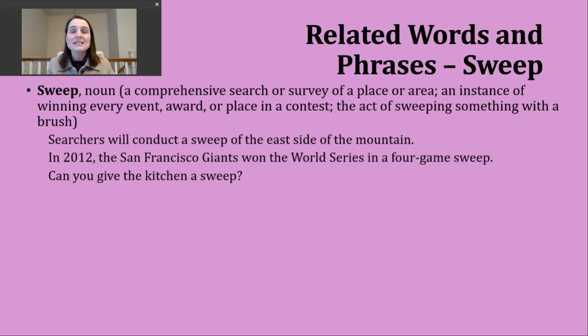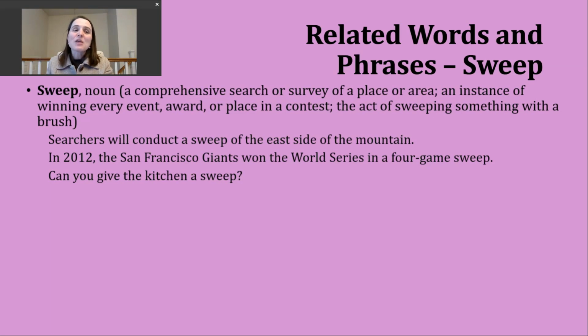World Series, usually we say it's a best of 7, so the first team to win 4. But here, in this particular year, San Francisco won 4 straight games against the Detroit Tigers, and so it was over, and we'd call that a sweep.